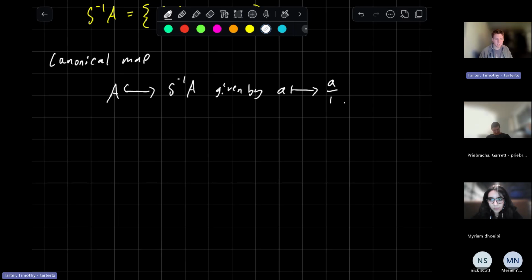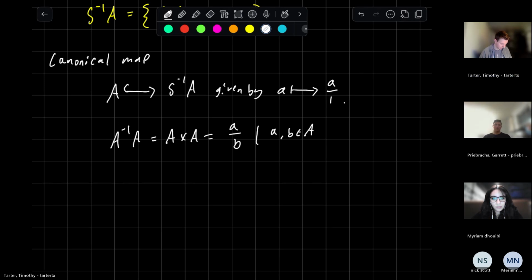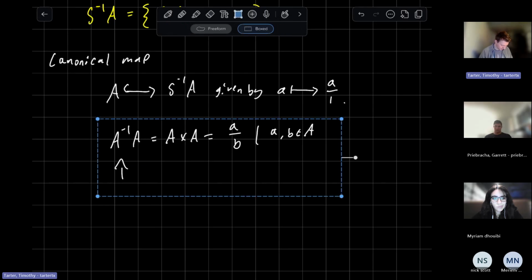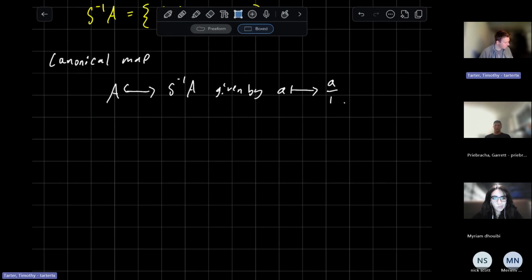Notably, A is a subset of its field of fractions. So if you take S to be A itself, then S inverse A is basically the set of a over b such that a, b are in A. This is weird. We don't usually write it like this.